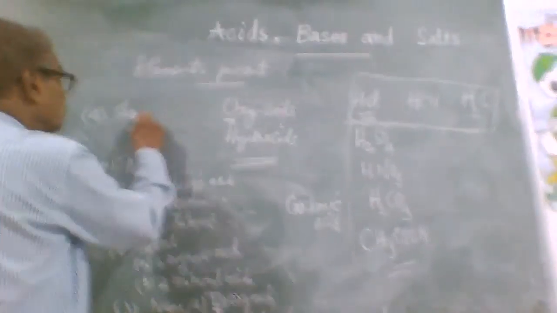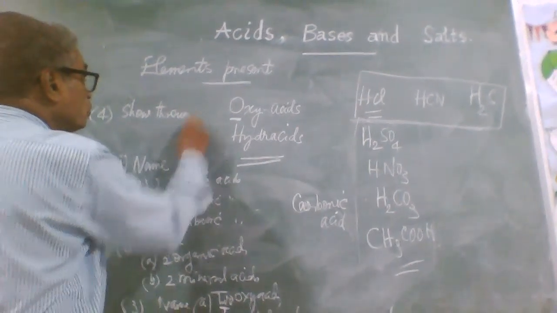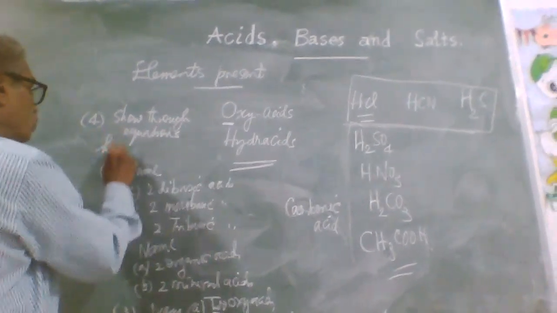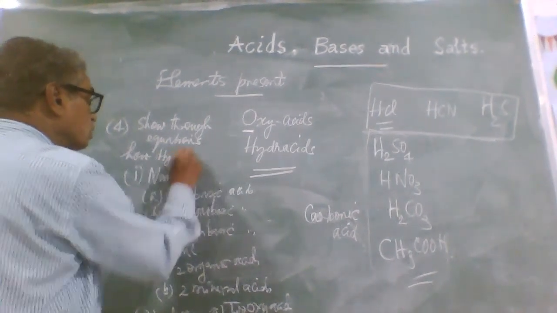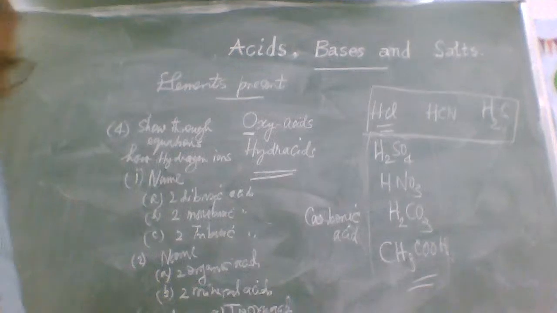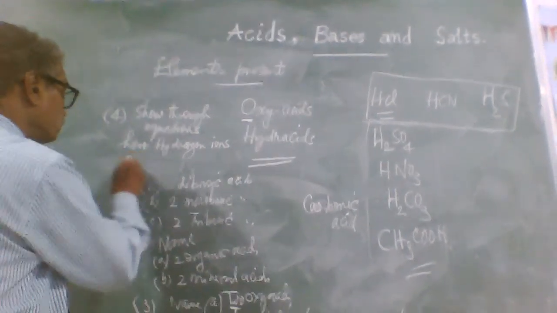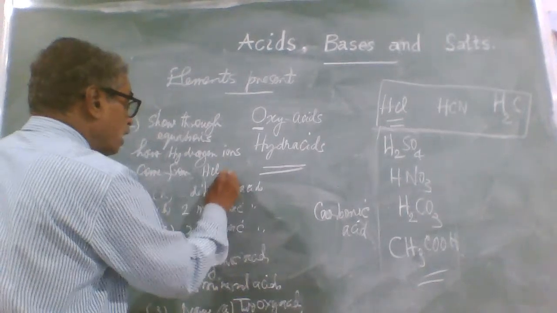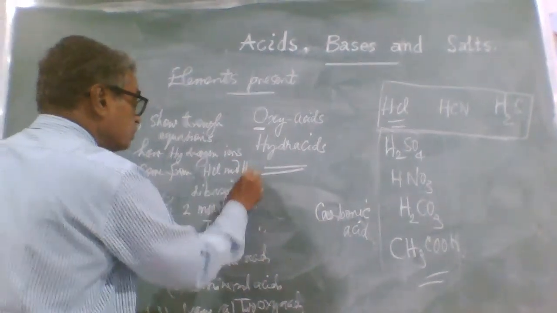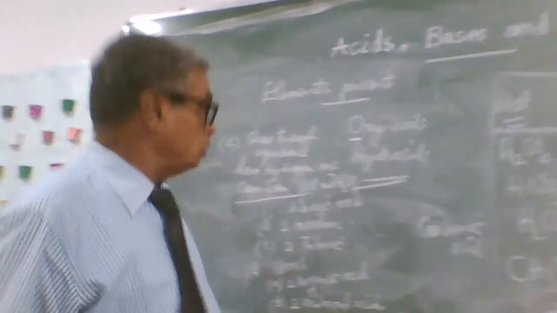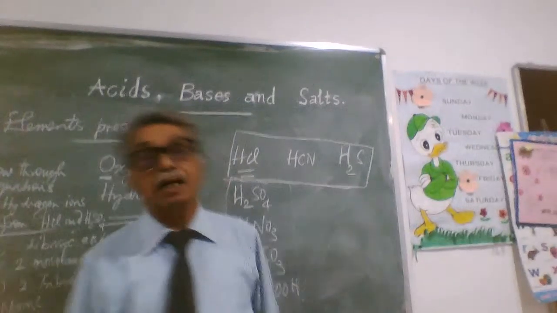Fourth question: Show through equations how hydrogen ions come from hydrochloric acid and sulfuric acid.